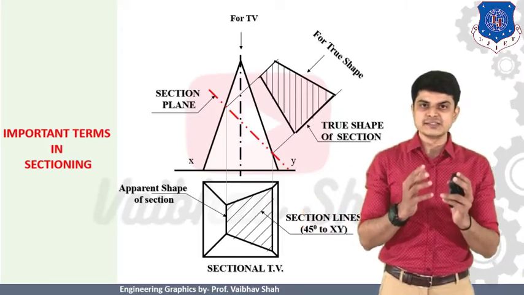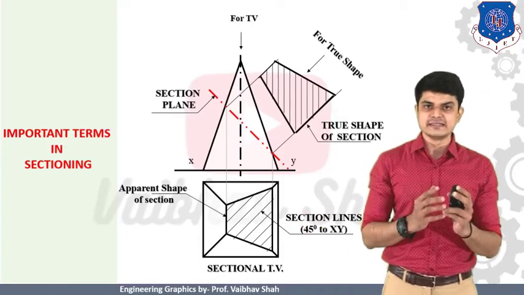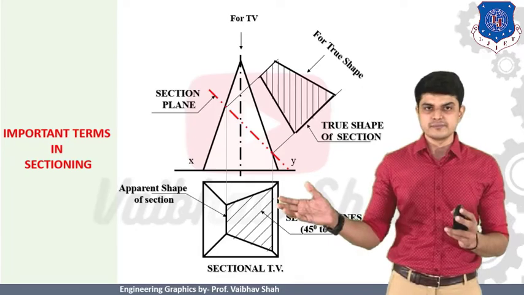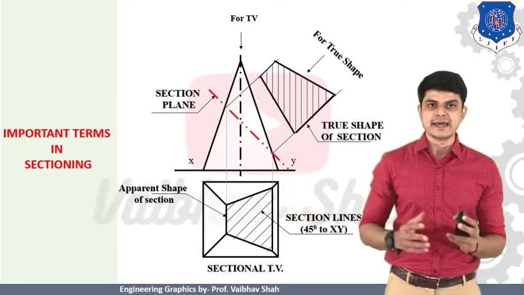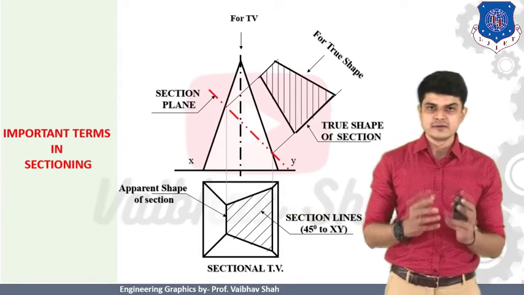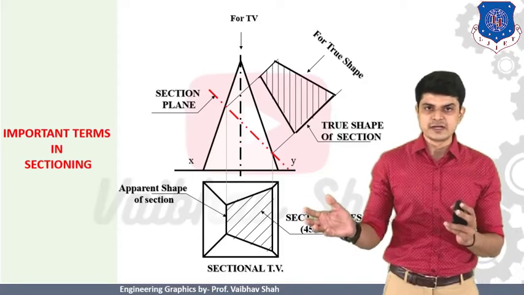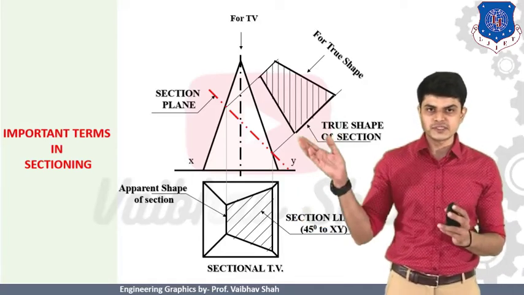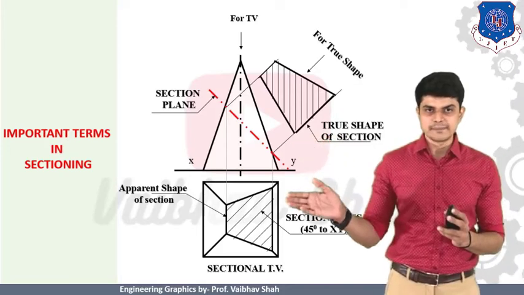Usually the hatching lines are drawn at 45 degrees and they are placed at a certain equal distance. So this particular portion is known as your section plane, or it is also known as the apparent shape of the section. So this was first your cutting line, and this was the apparent section.